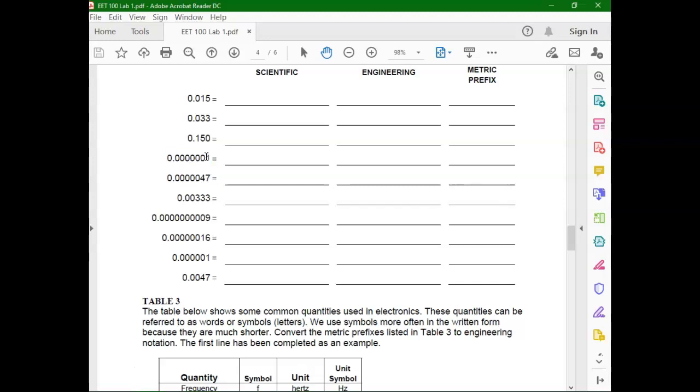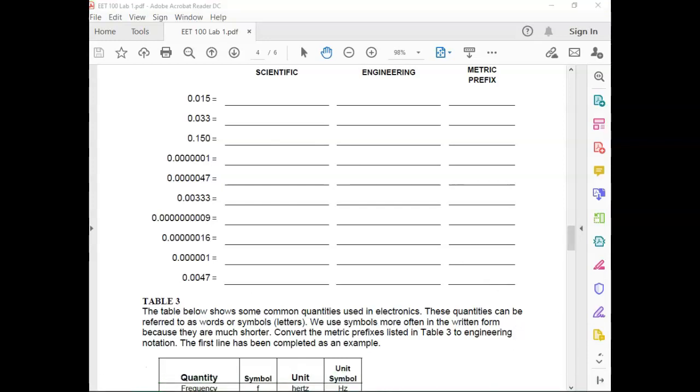So you got 3, 6. So yes, it is 1 times 10 to the negative 7. So what is its engineering notation? Wouldn't it be the same, maybe?